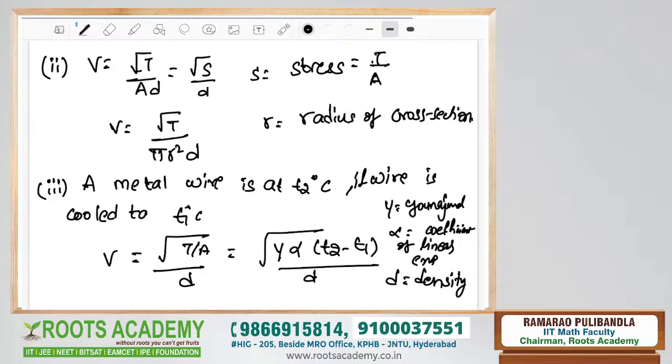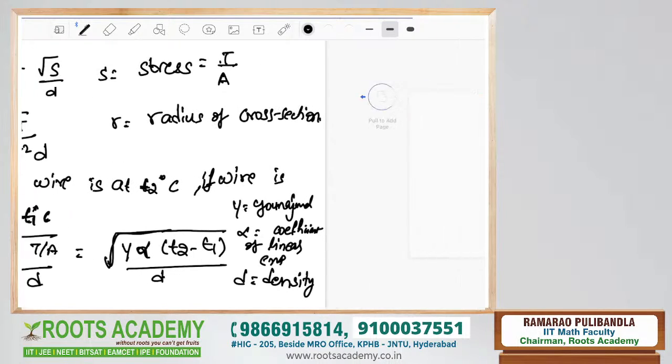So this would be the velocity when a metal wire is fixed between two supports at temperature T2 and then cooled to T1 degrees centigrade. Then the velocity is under root of Y into alpha into T2 minus T1 divided by d.